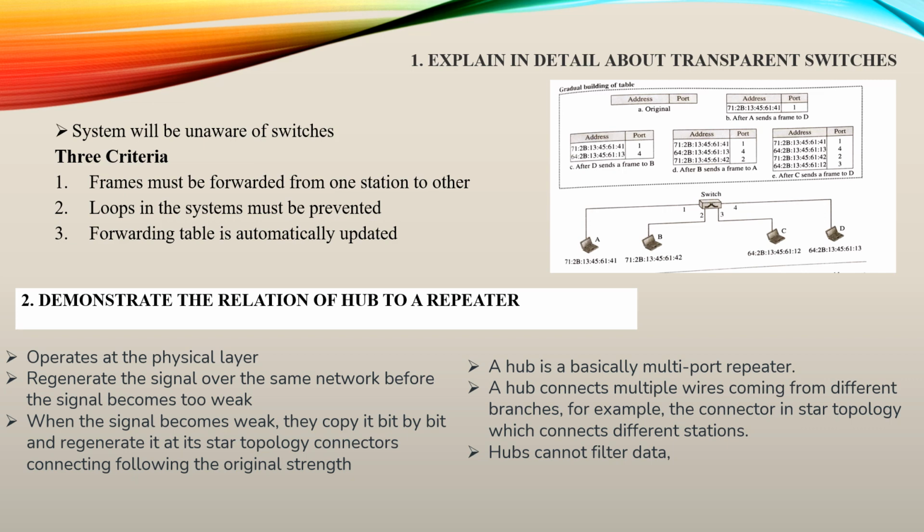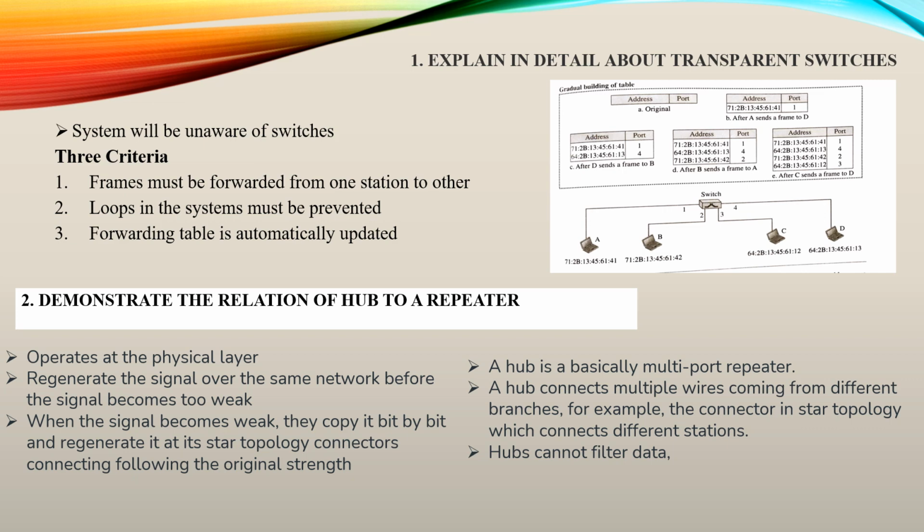Here you can see the transparent switch, and the frames are sent from one station to the other through it. Once the data is sent, the address and the port number keep updating automatically. With this diagram you have to explain.